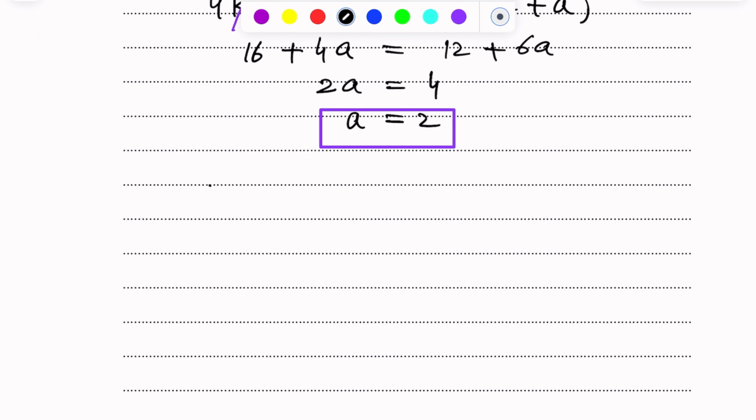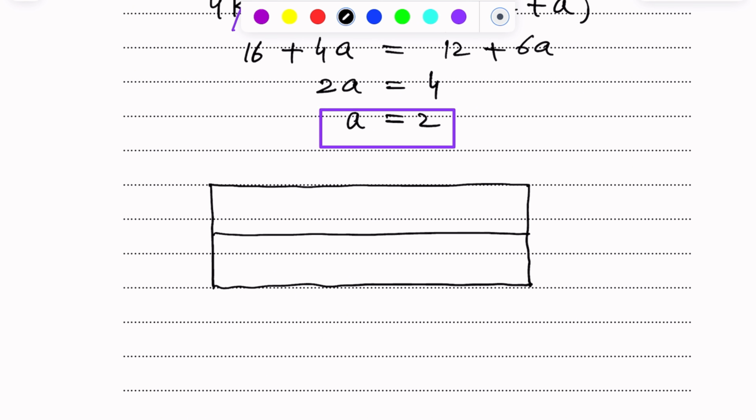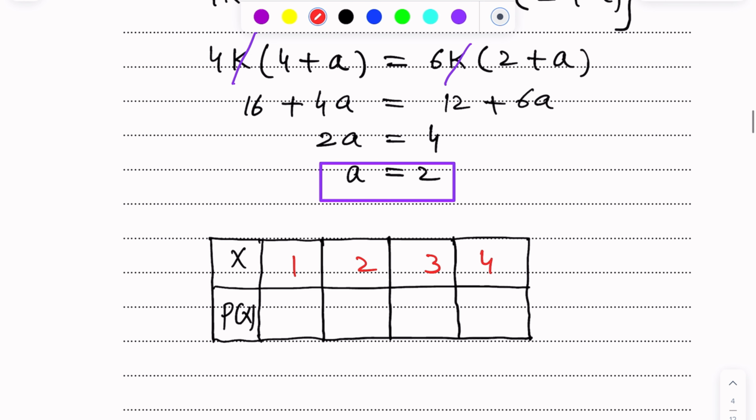This is the probability distribution table, with values of X and probability of X. X can take these values 1, 2, 3, 4. Now we will put here the probabilities against each value of X.